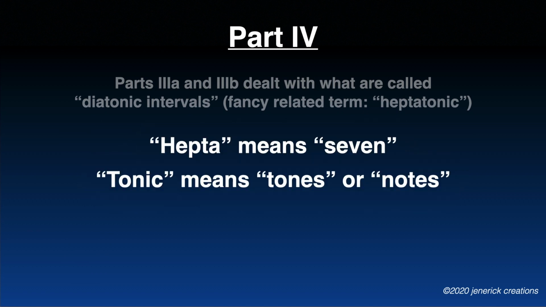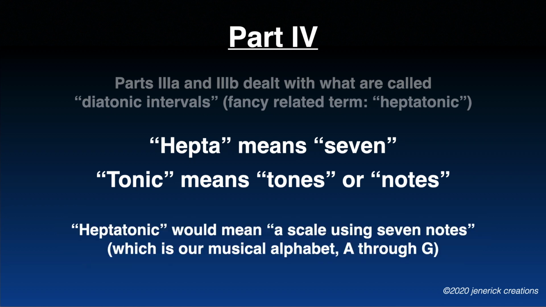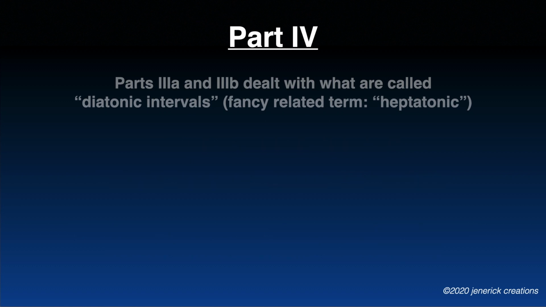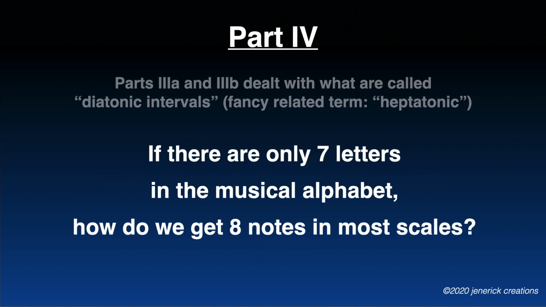Hepta means 7, and tonic means tones or notes. Heptatonic would mean a scale using 7 notes. If you'll recall, our musical alphabet A through G is also 7 notes. But if there are only 7 letters in the musical alphabet, how do we get 8 notes in most scales?